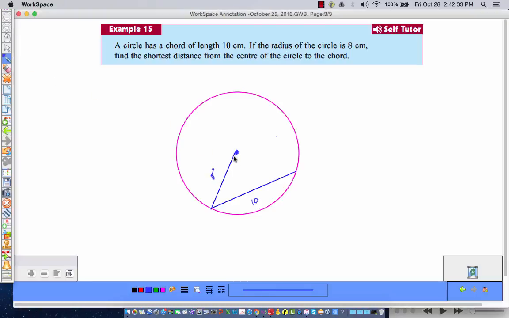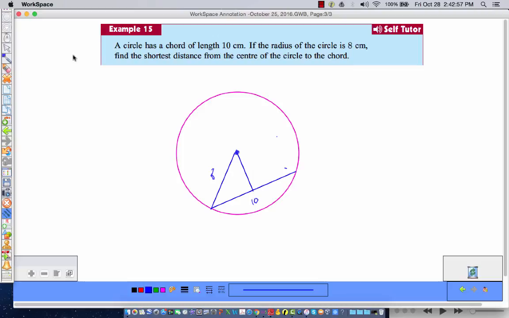And you're going to want to draw it to an endpoint, you'll see here, because the way I'm going to figure this out is I am going to go ahead and draw a perpendicular from the center perpendicular to the chord right there. And if that line is drawn, it does exist, right?